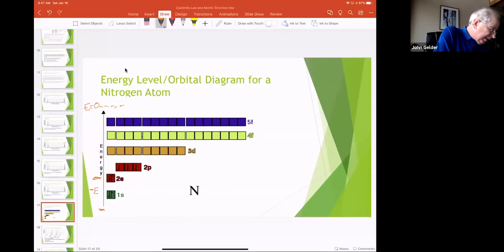We can see that the distance to zero energy for the 2p is that sort of distance, and here for the 1s is this amount of energy.